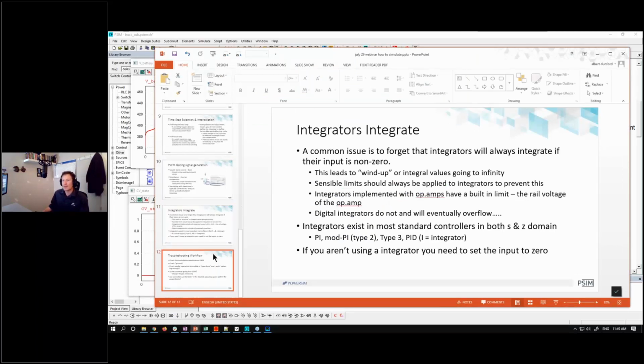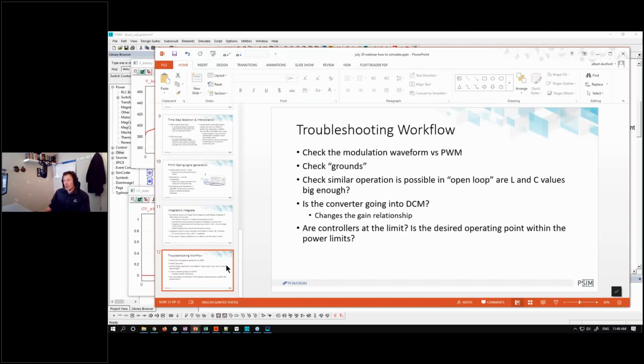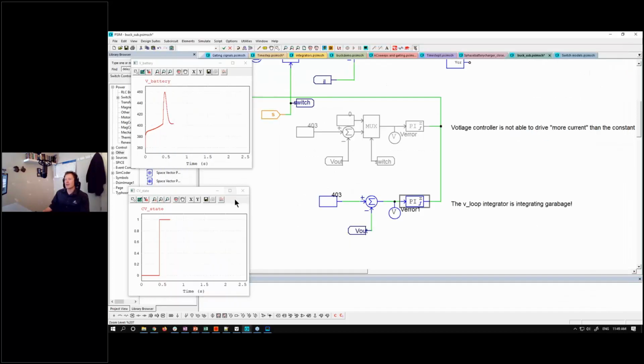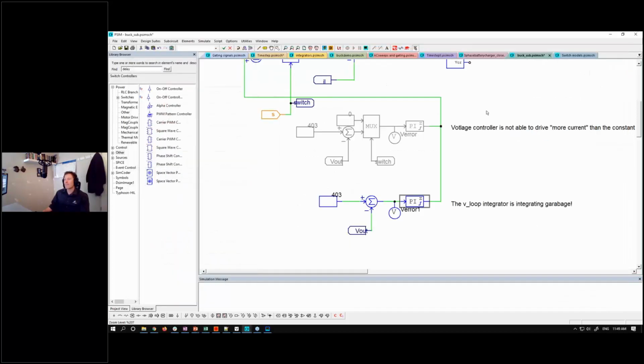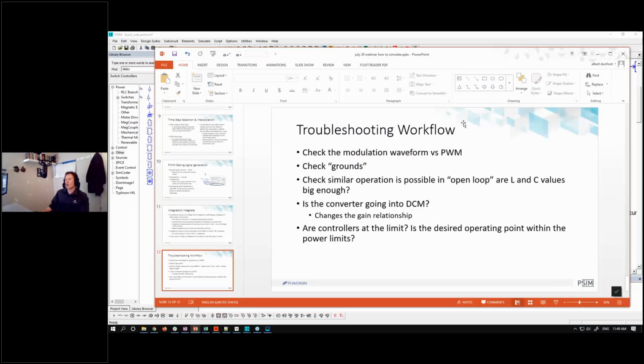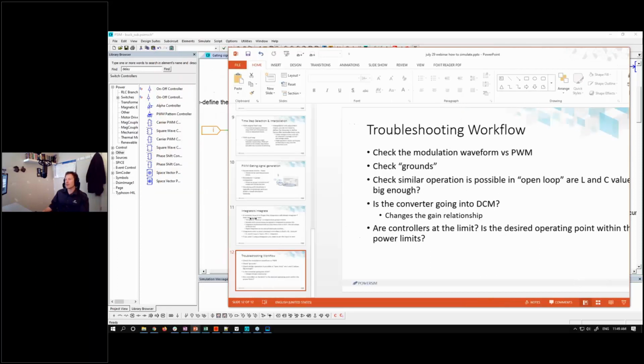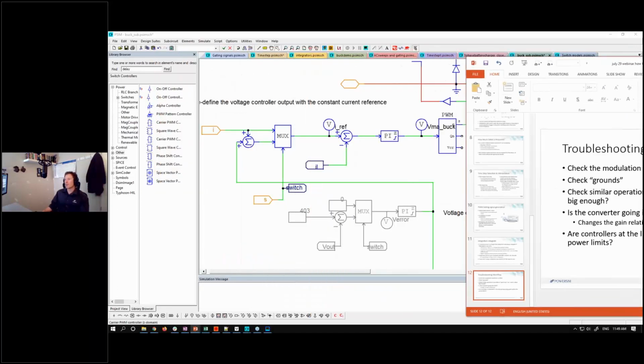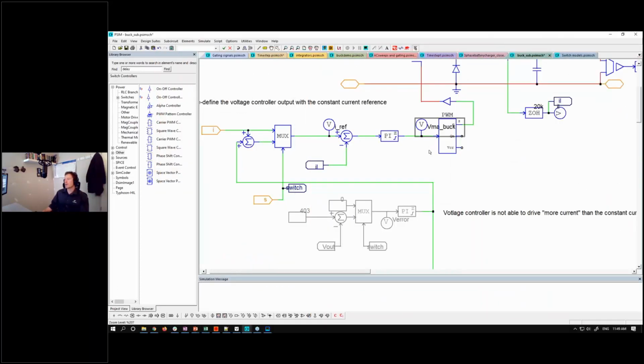And what's my next slide? Okay, so let's talk about troubleshooting for the last little minute here. The first thing I always look at when somebody sends me a simulation that's not working is the modulation waveform. The modulation waveform is this signal right here.